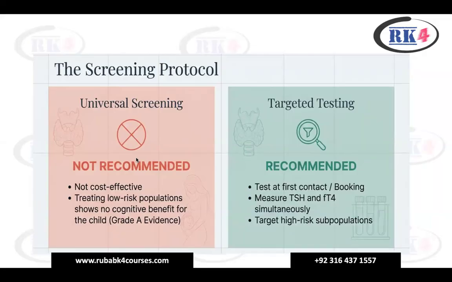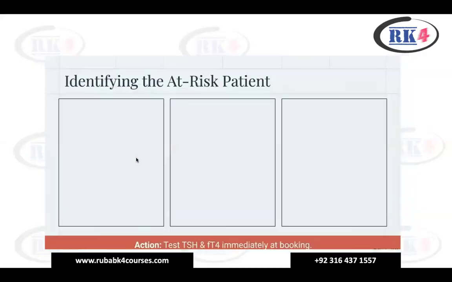So how do we identify the at-risk patient? They have given a table. I'll show you the table in the next slide, but here are some of the important points which you can take from that table. These are the high-risk women who should be screened.